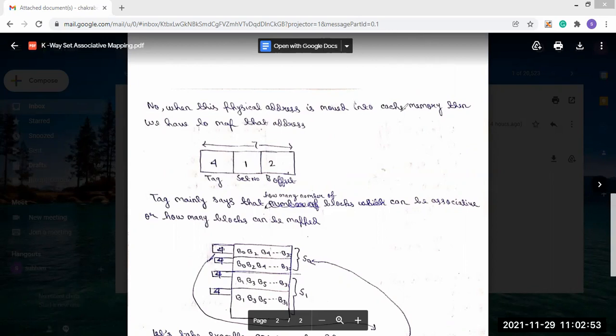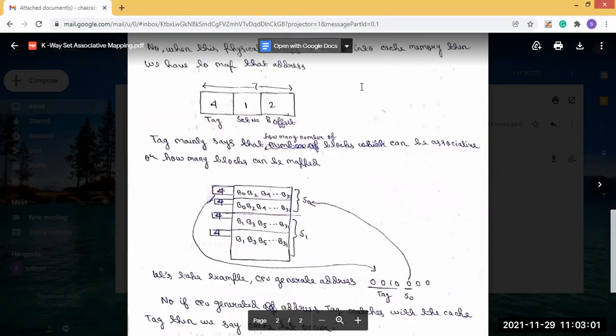In this cache, a total of 4 lines are present, divided into 2 sets. S0 contains lines L0 and L1. S1 contains L2 and L3.